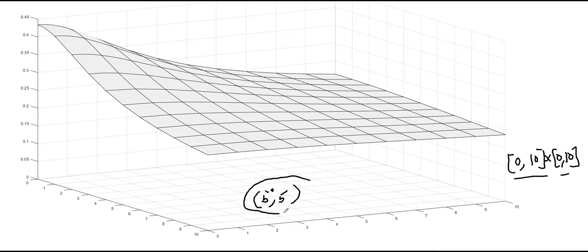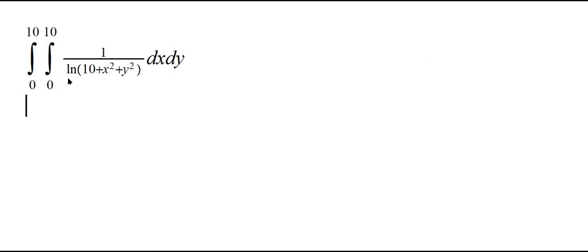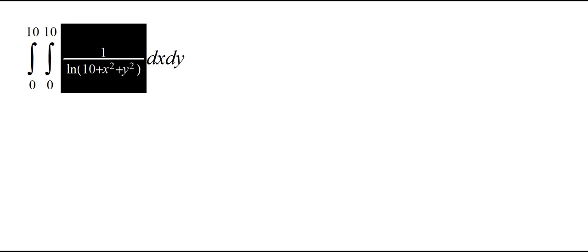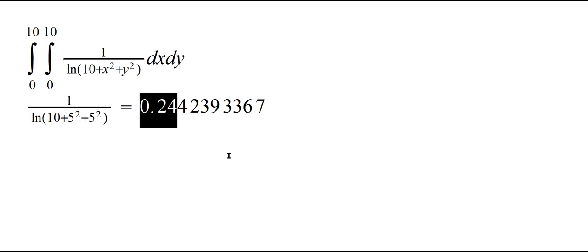So 5, 5 is the midpoint, and the next part is to make a rectangular box with this base and altitude how much? The value of the function at 5, 5. So we are using what you call the midpoint rule, one of the many rules that you can use, right? So it's about, say, 0.24.